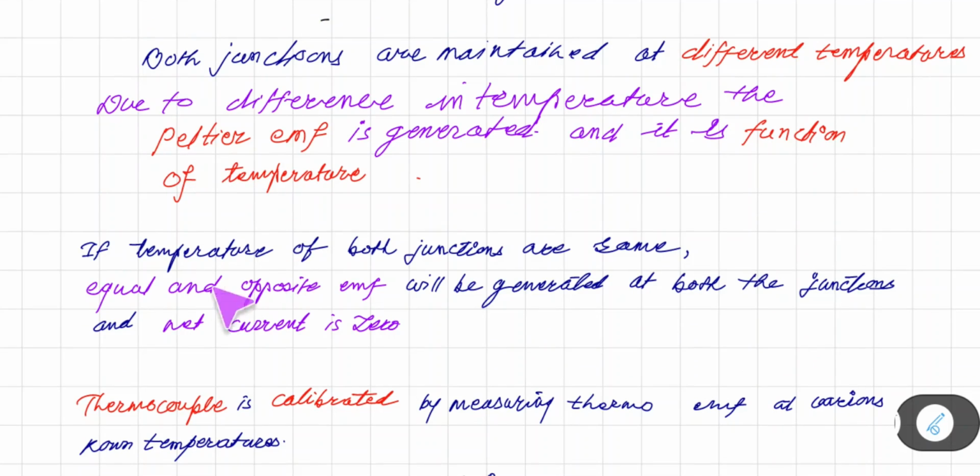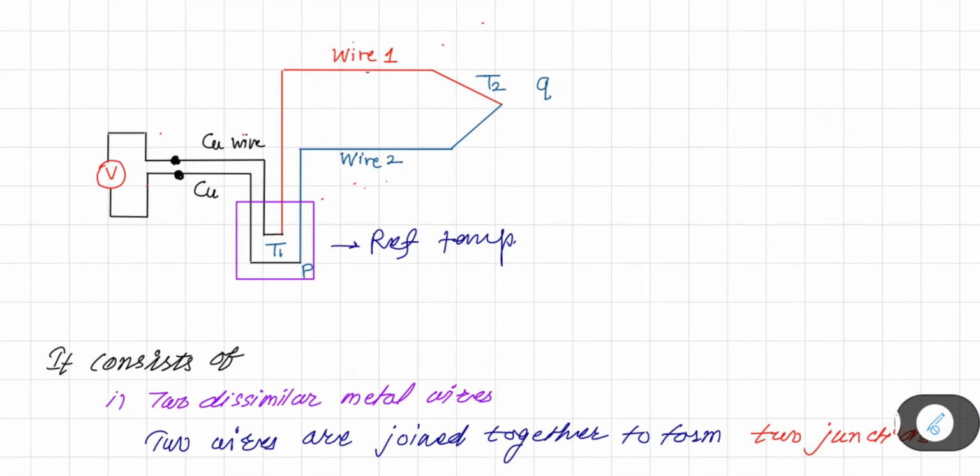Now to use a thermocouple for measurement of temperature, the most important thing is that for measurement of the temperature of a particular body, one junction of the thermocouple is connected to the body whose temperature is to be measured.